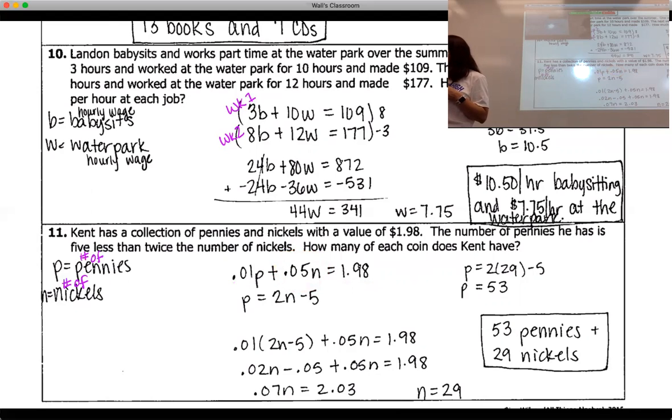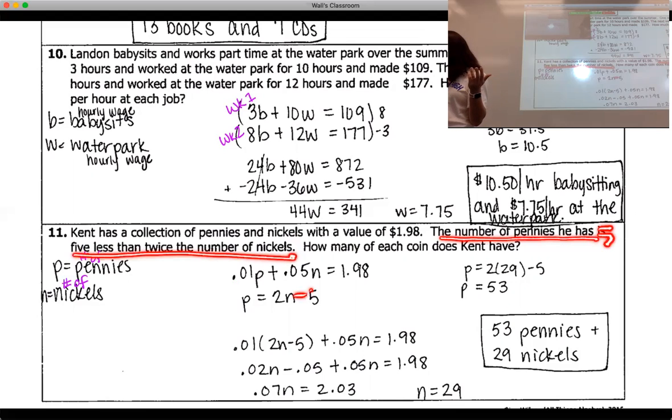All right, then the next equation comes from: the number of pennies he has is 5 less than twice the number of nickels. You always want to look for the word "is" in these problems. If it's in there, that's where your equal sign is. So the first part of the statement, the number of pennies, that's P, "is," that's your equal sign. 5 less than twice the number of nickels, which is n, is 2n minus 5.